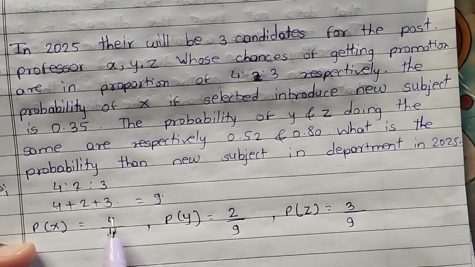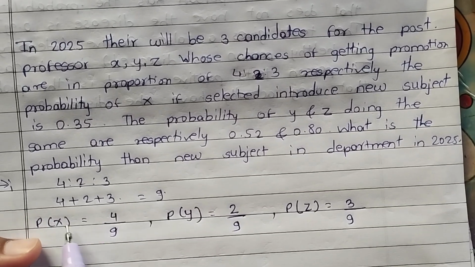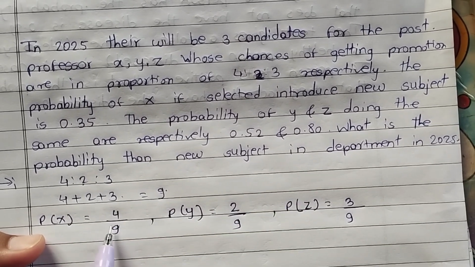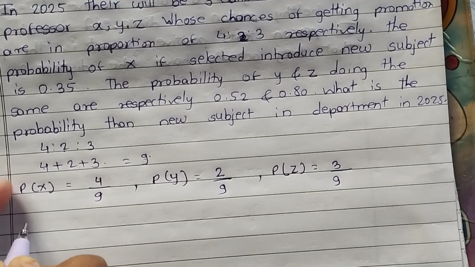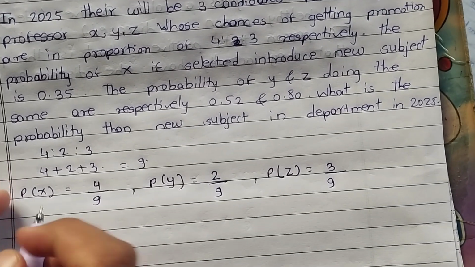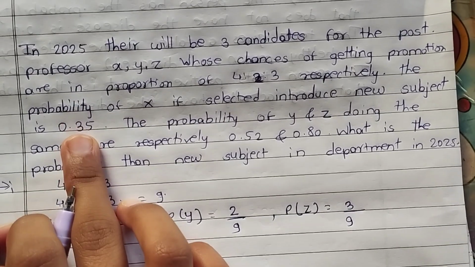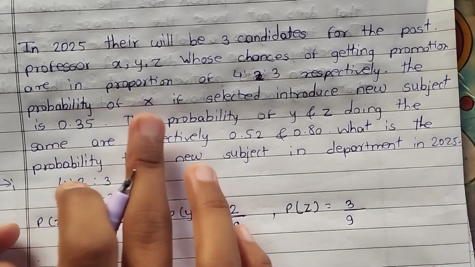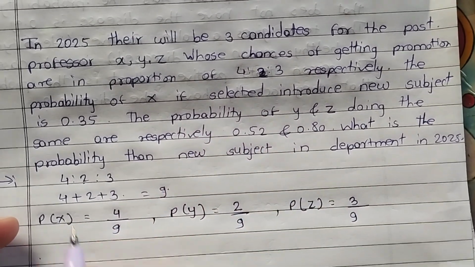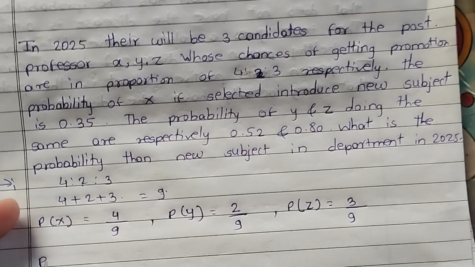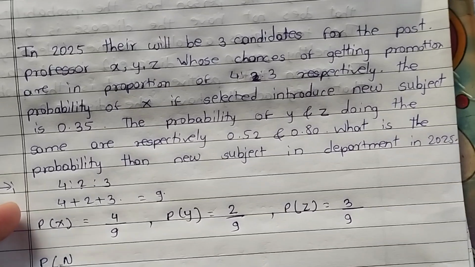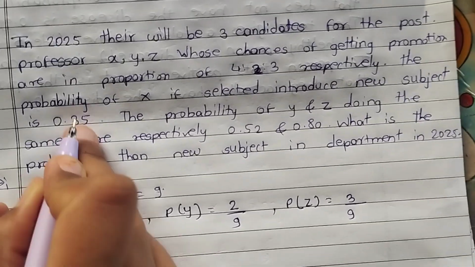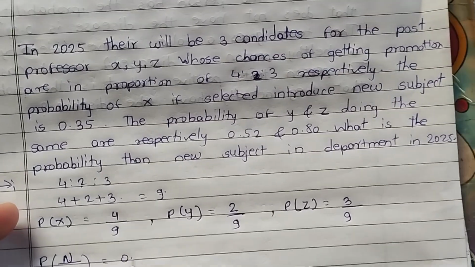We take the probability of the respective person with the total ratio, that's why we're doing this. Now next, the probabilities given for the new subject being introduced if X is selected, Y is selected and Z is selected. The probability of introducing a new subject with respect to X is 0.35.